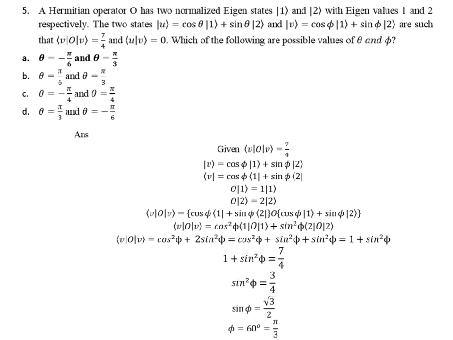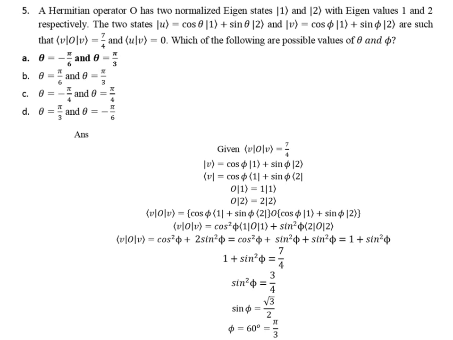Now question number 5. A Hermitian operator O has two normalized eigenstates 1 and 2 with eigenvalues 1 and 2 respectively. The two states ket u equal to cos theta ket 1 plus sin theta ket 2 and ket v equal to cos phi ket 1 plus sin phi ket 2 are such that bra v O ket v equal to 7 by 4 and the bracket of u and v equals 0.